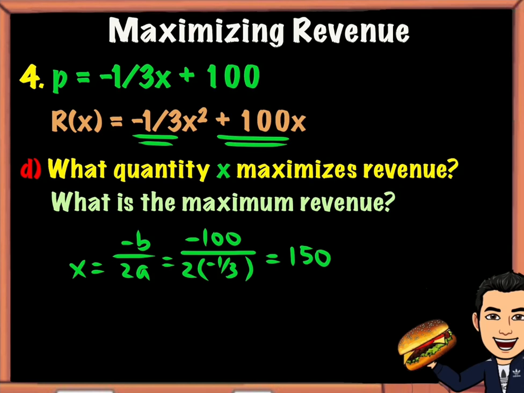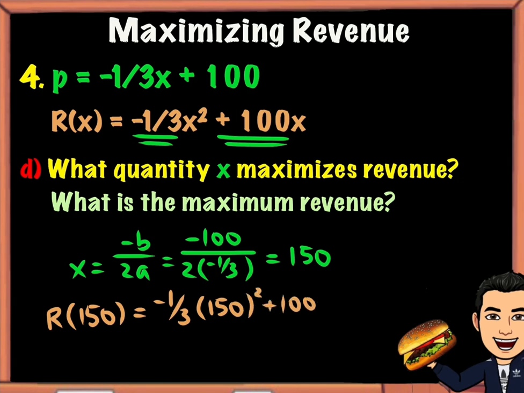So for the second part of letter D, you want to find the revenue when the quantity equals 150. So insert the 150 into x. So that equals negative 1/3 times 150 squared plus 100 times 150. And this is going to equal 7,500.